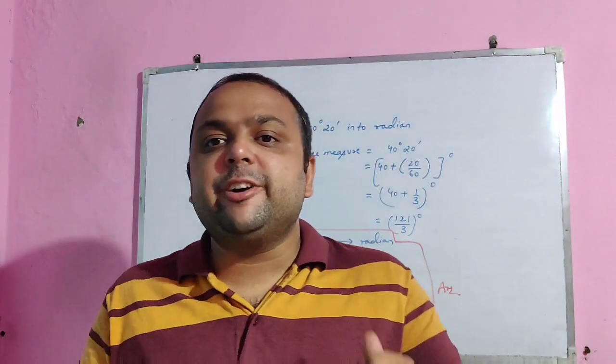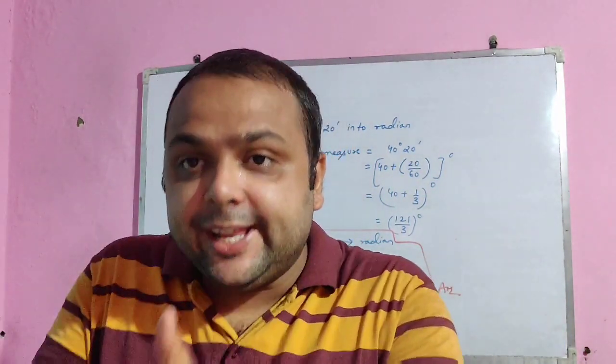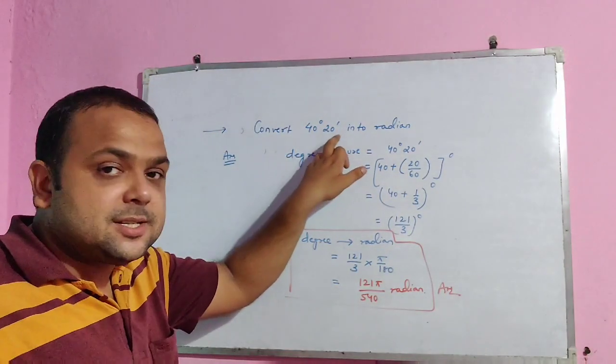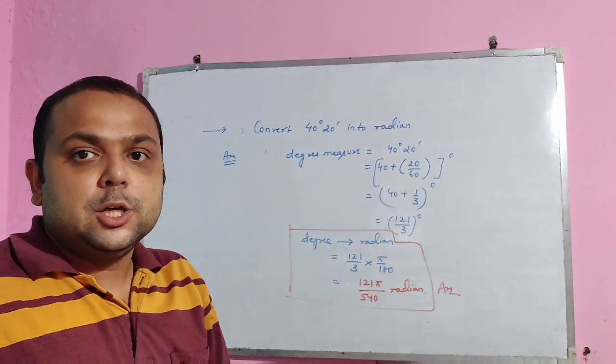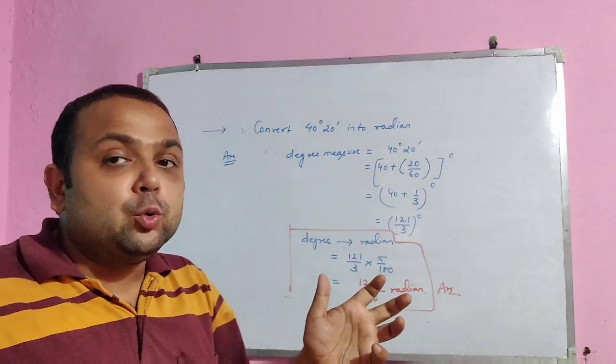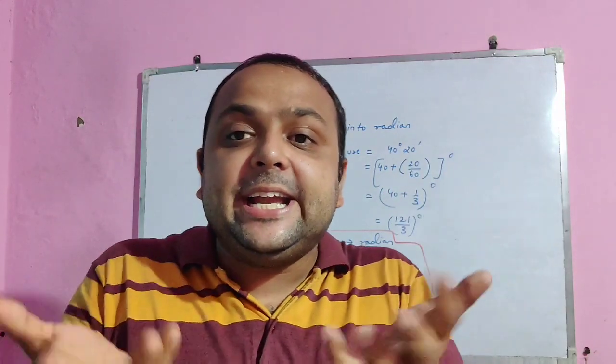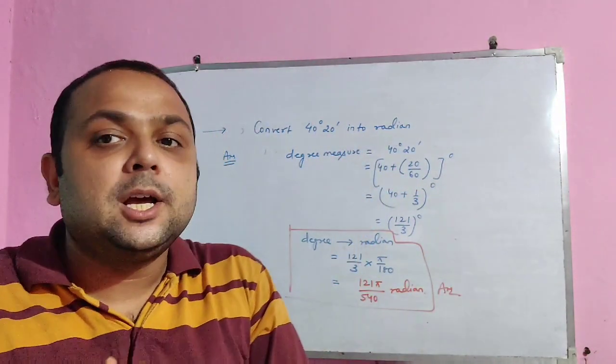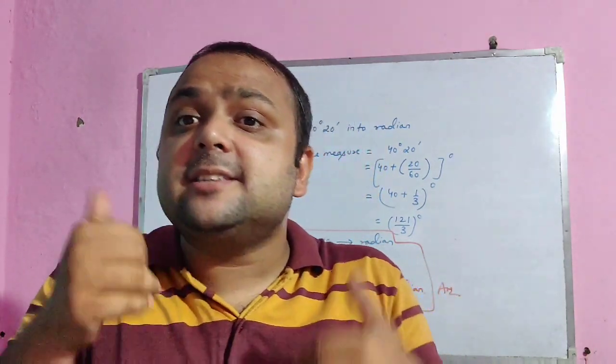Now we are going to see one question in which we are converting a degree into a radian. The question is, convert 40 degree 20 minutes into radian. So first we need to convert the whole measurement in degree, that is, degree measure is 40 degree and 20 minutes. We know that 1 degree is 60 minutes.